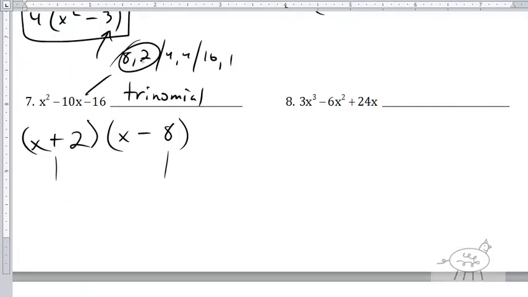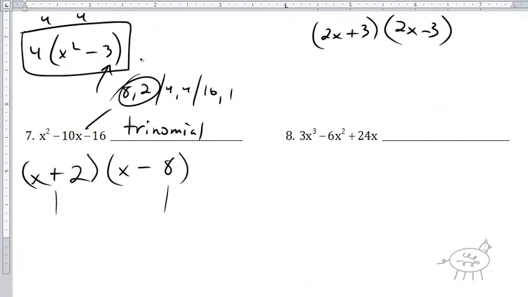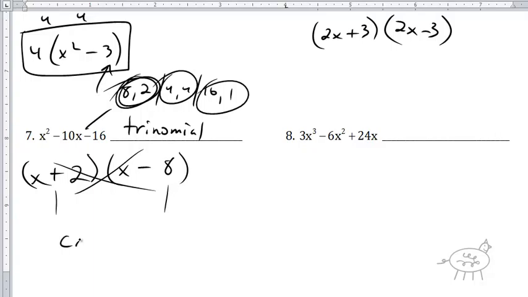Since this one you can't factor, because there are no two numbers that give you 16 where you subtract and get 10. Like 4 minus 4 is 0, 16 minus 1 is 15, 8 minus 2 is 6, so that doesn't give you that. So this one can't be factored. Again, we call it prime.